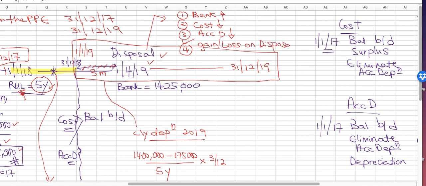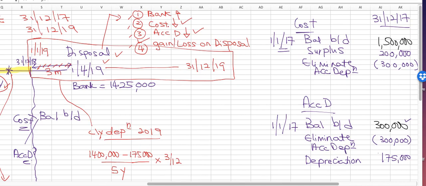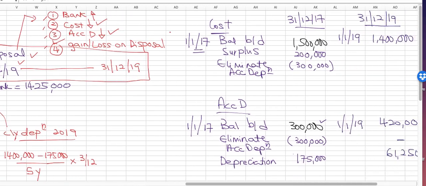Okay. These 4 are fixed. This is the effect when you dispose an asset. The ones that will affect your notes are only cost and accumulated depreciation. So when you dispose, you have to eliminate the cost and you have to eliminate the accumulated depreciation.